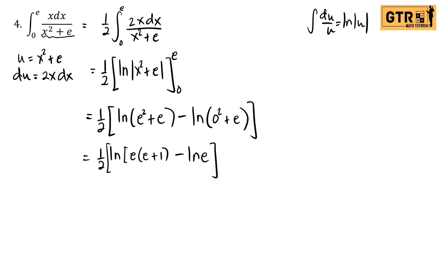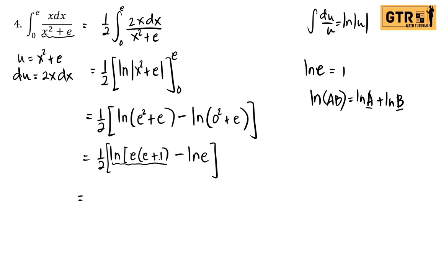Then we can apply the properties. ln e is equal to 1, this is a property. For the first one, we have the product, ln of e times e plus 1. We can use the property: if we have a product ln ab, that is equal to ln a plus ln b.